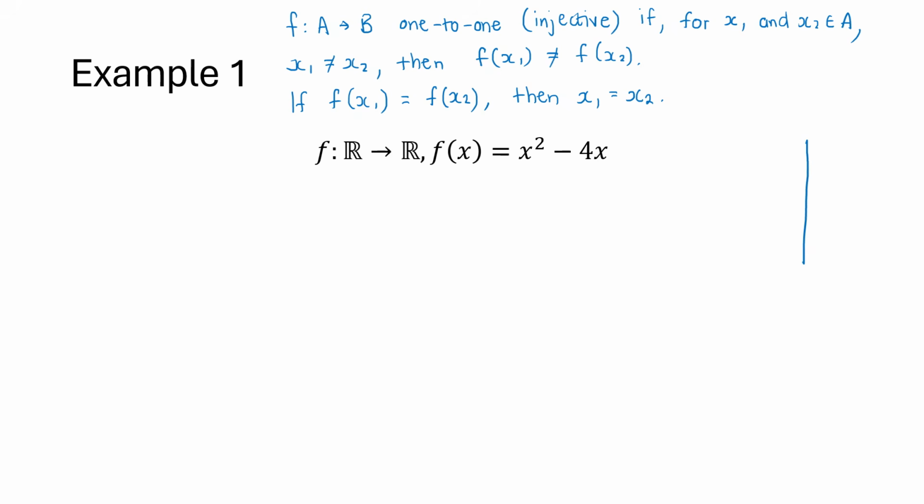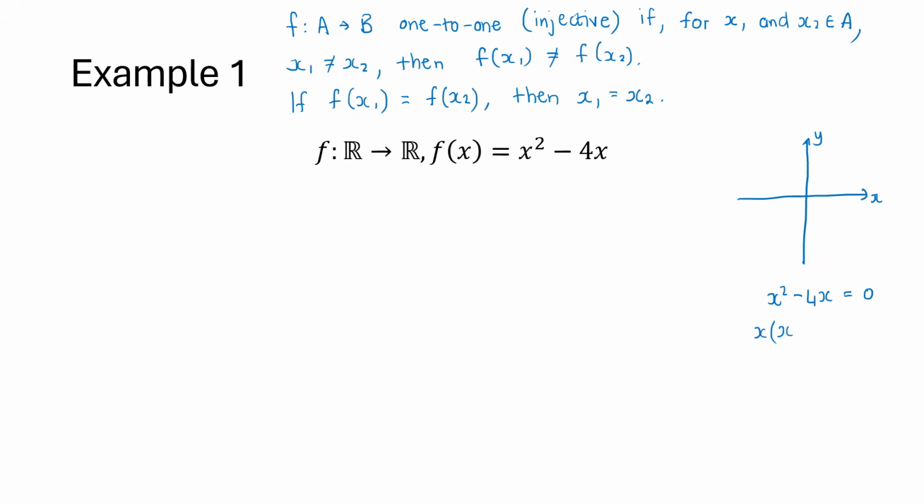We can get our counterexample straight from the sketch. If we take a look at where it intersects the x-axis, we are going to say let the function value be 0. So let x squared minus 4x be 0. We can take out a common factor of x.